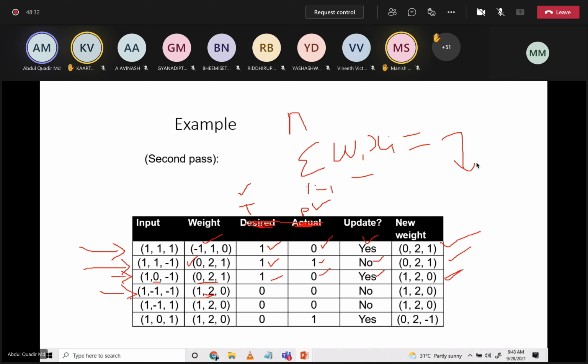When we pass through the next inputs, no weight updation is required. But when we run through this one, there is a mismatch, so we run through the weight updation formula and get these weights.